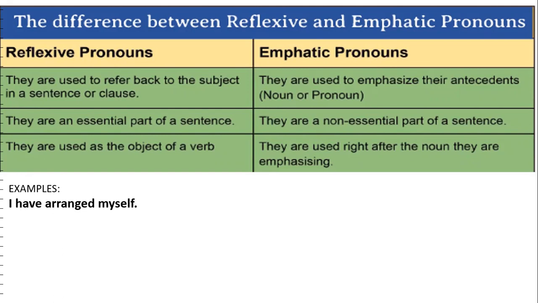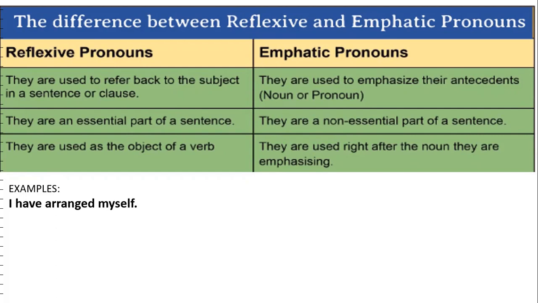Second difference: reflexive pronouns are an essential part of a sentence, while emphatic pronouns are a non-essential part of a sentence. Reflexive pronouns are used as the object of a verb. Emphatic pronouns are used right after the noun they are emphasizing.